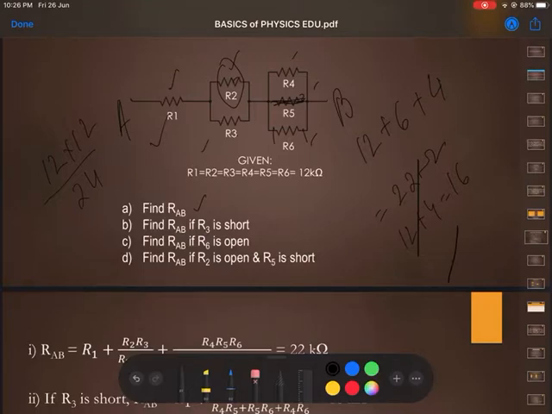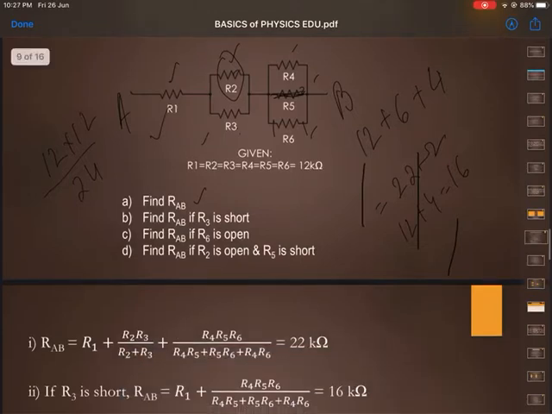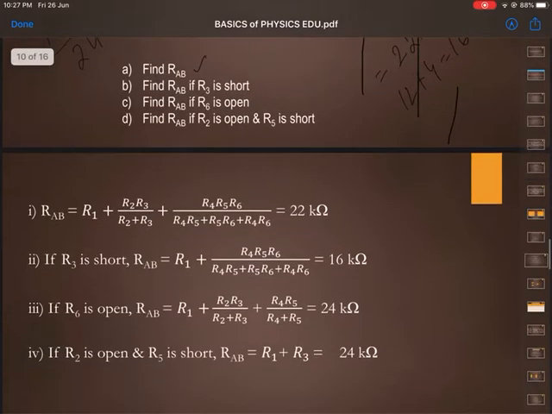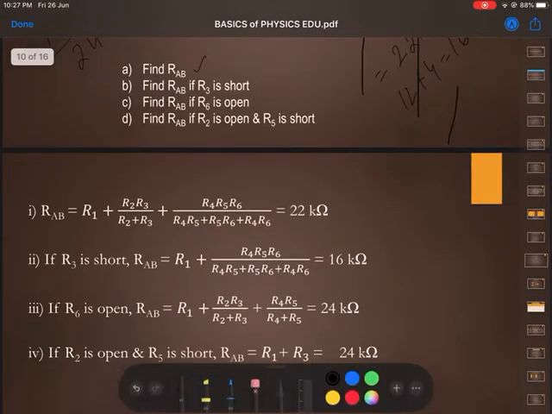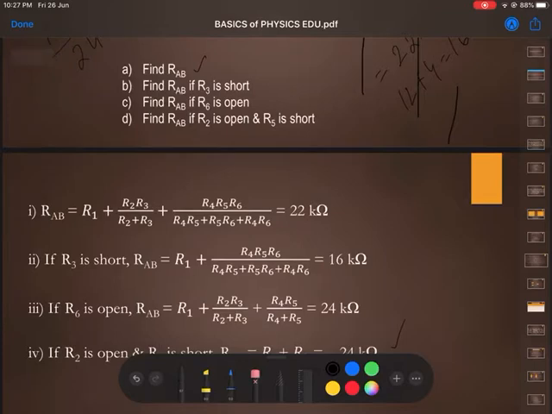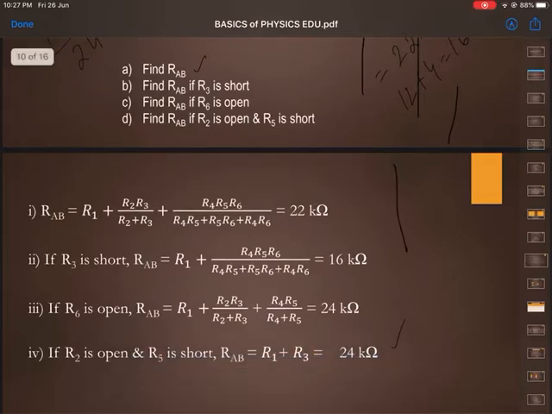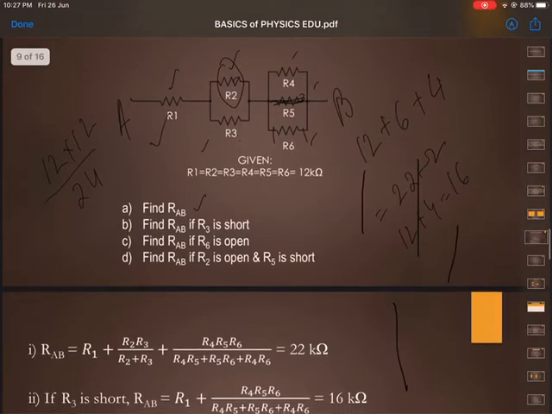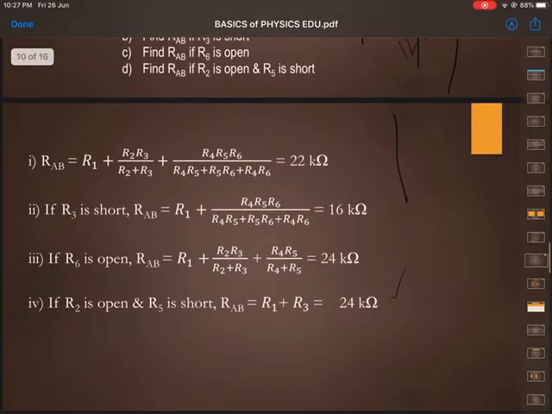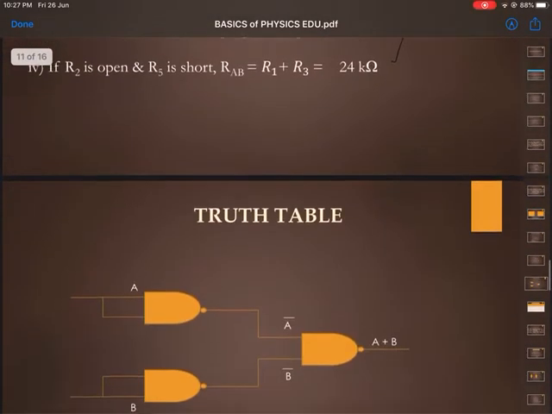This being open, it is just R3. So R1, which is 12, plus R3, which is again 12, gives me 24 again. This is how we get the different possible combinations. So with a simple example, you can understand how to go through short and parallel. I hope this concept is clear.